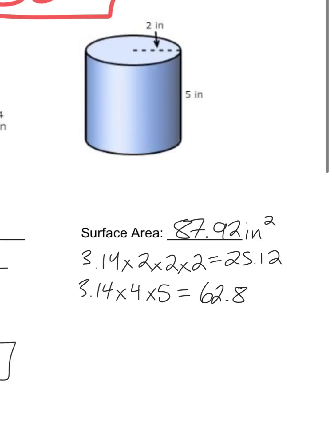And then this last problem, if we do pi times radius squared times 2, we get 25.12. Pi times diameter times height, we get 62.8. Add them together, your surface area is 87.92 inches squared.